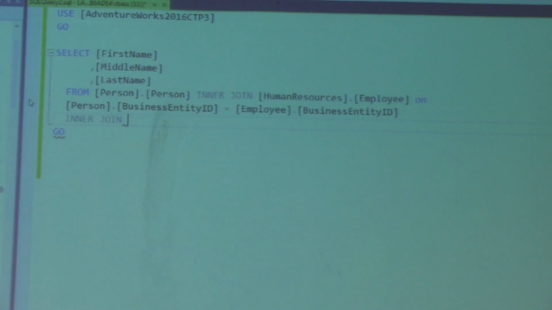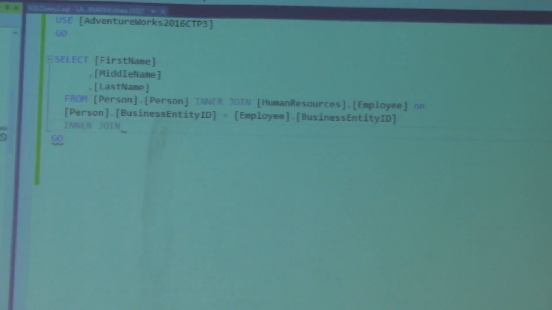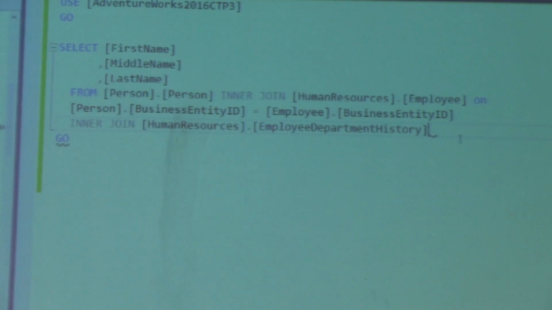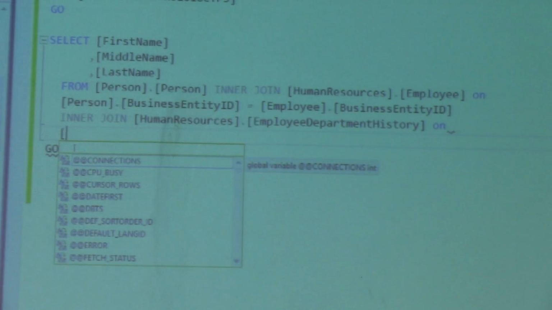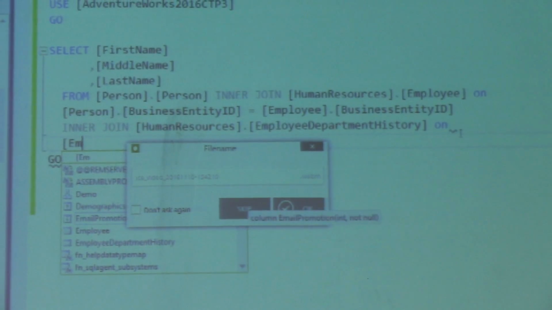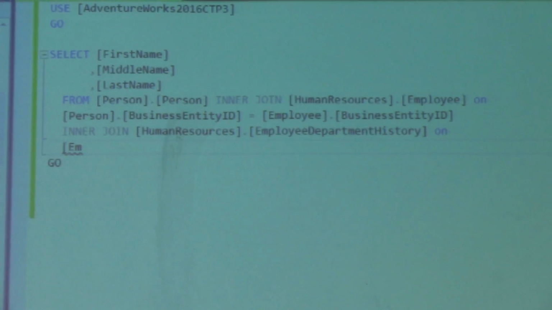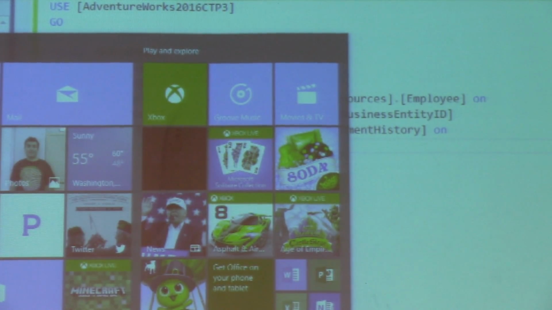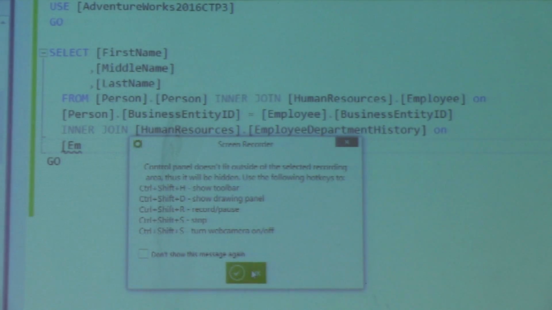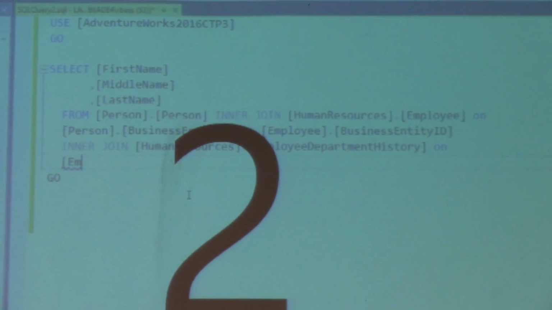Another linear join with what? Everyone contributes to the query that I am writing, right? Yeah.